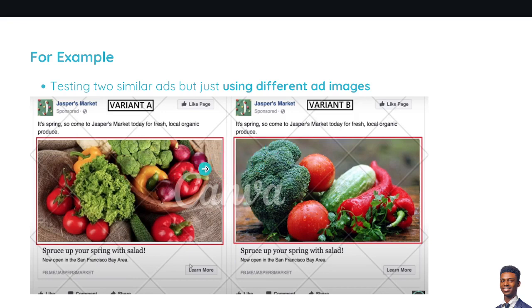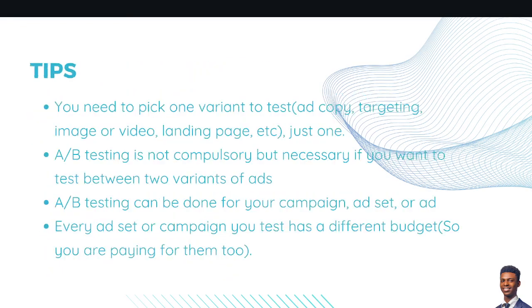So you can test different ad copies, you can test different targeting, but don't test two different things at the same time. Don't test different ad copies and different images in the same ad, because that way you will not know which one is making the ad perform better or which one is making it perform worse. So test one thing at a time.